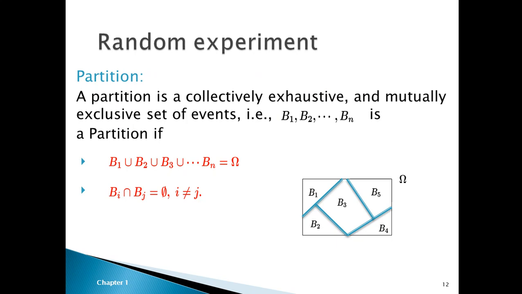It is a partition if B1 ∪ B2 ∪ B3 ∪ ... ∪ Bn equals the sample space S, and Bi ∩ Bj = ∅ for i not equal to j.